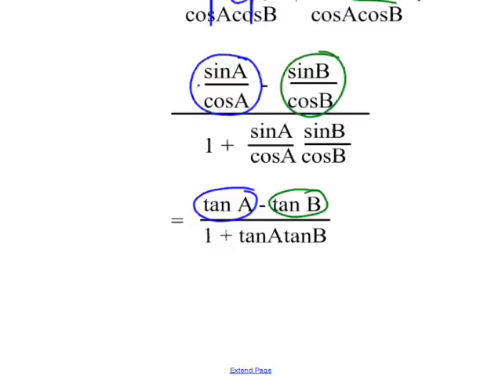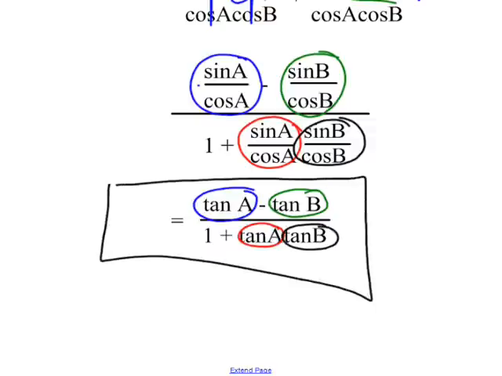And on the bottom here, the 1 carries, and we have sine of a over cosine of a, again is tangent of a, and sine of b over cosine of b is tangent of b. And so that brings up our first composite property for tangent. So tangent of a minus b.